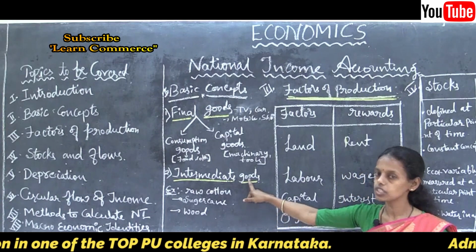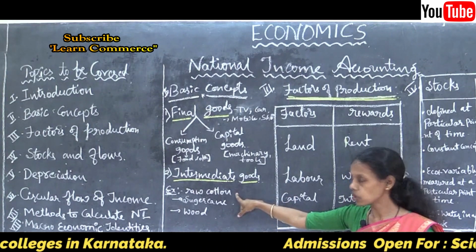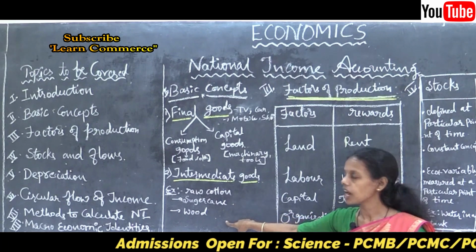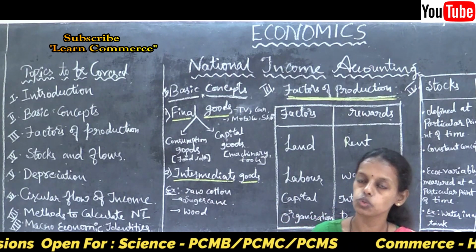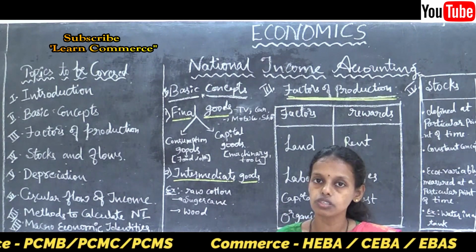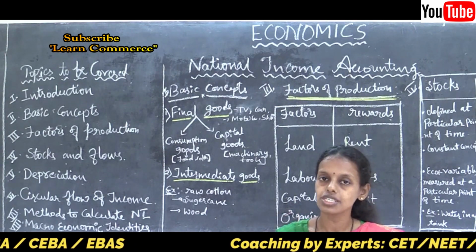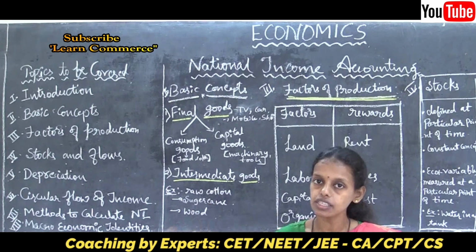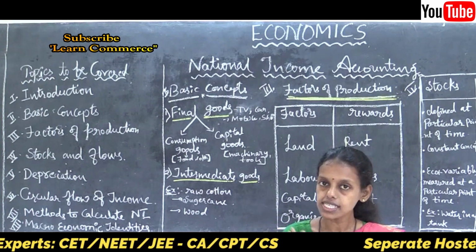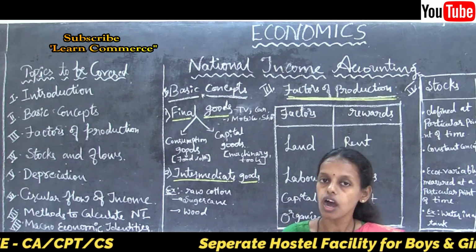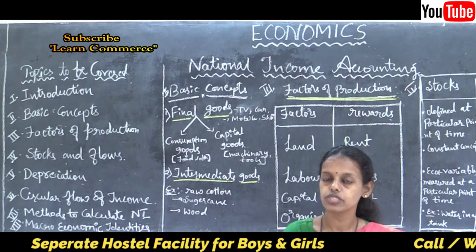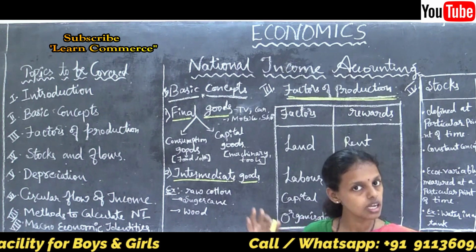Those intermediate goods are raw cotton, sugar cane and wood. Intermediate goods are goods which are used in the process of producing other goods. These intermediate goods are just like a middleman which helps the further production process.